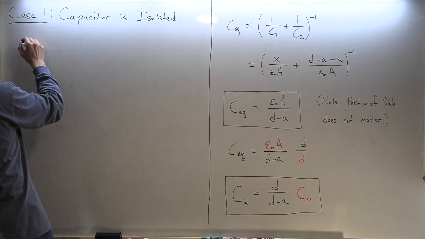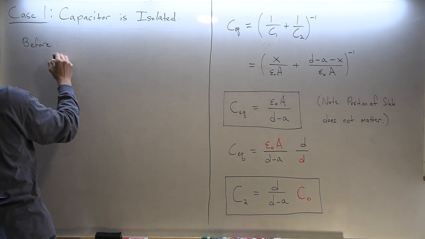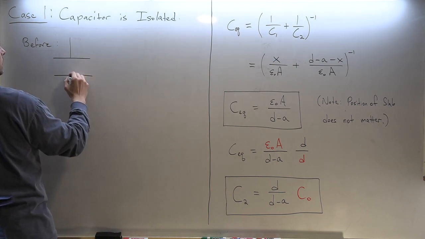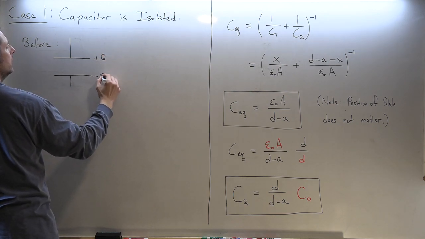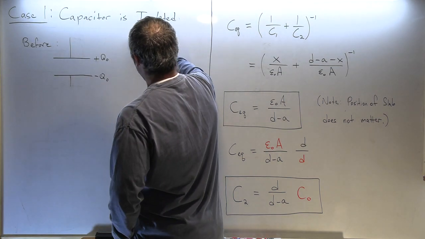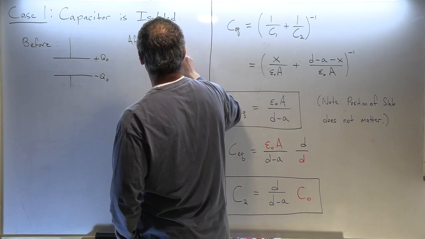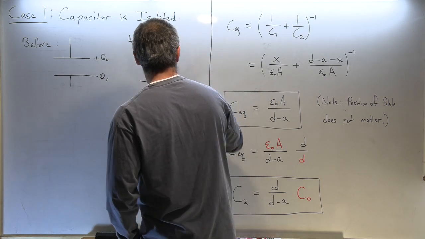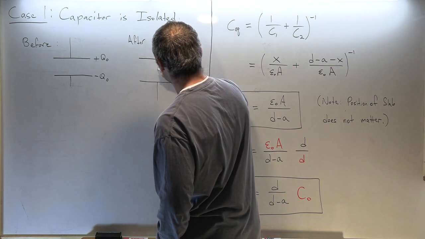So this is before. And then maybe we've got plus Q here and minus Q here, and we're going to put zeros here because they're the original. And then after, what happens when we put that slab in?